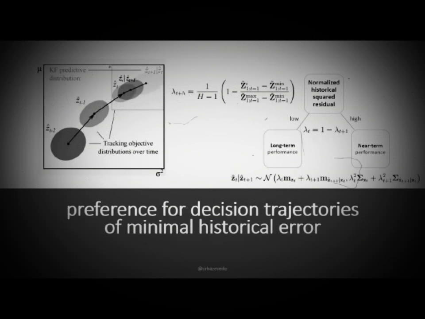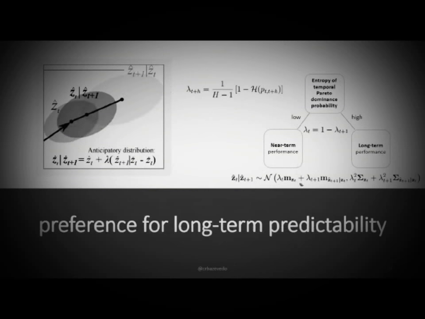from your historical error measurements. Another strategy to automatically tune lambda is, instead of looking at your error trajectories in the past, why not look at your actual predictions in the future? This is a preference for long-term predictability.